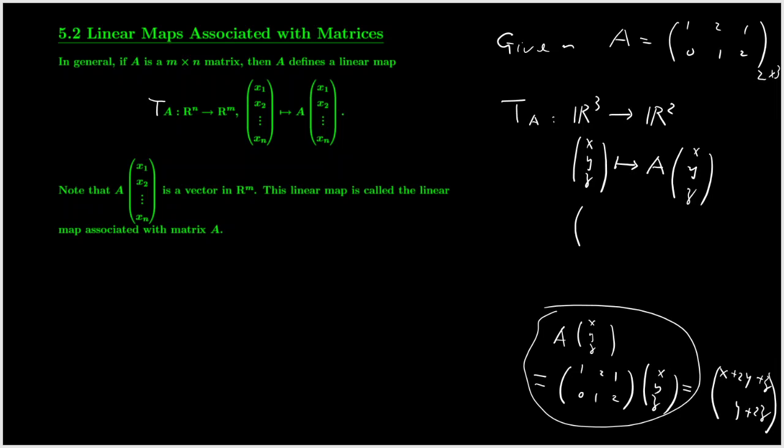This line is the definition of the linear map, and the next line will give the rule. Every vector in R3, every vector with 3 components, is mapped to what we just computed: the first component is x plus 2y, and then plus z, and the second component is y plus 2z.